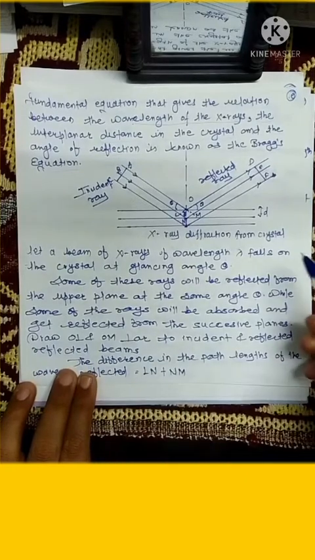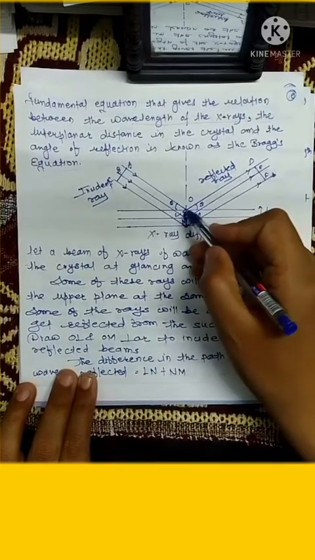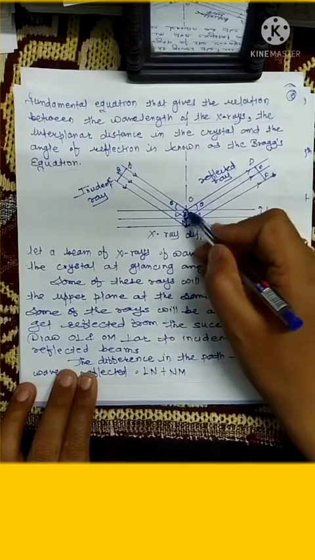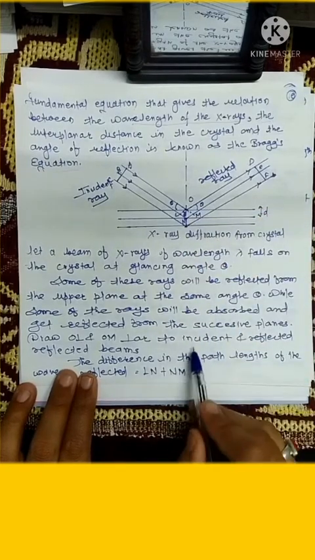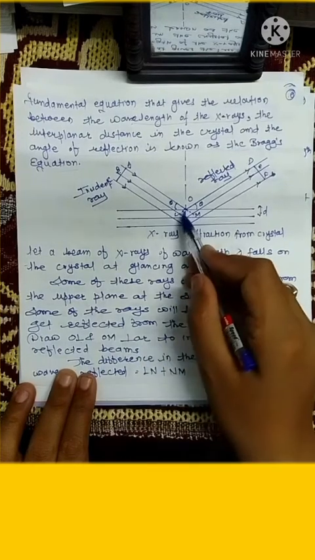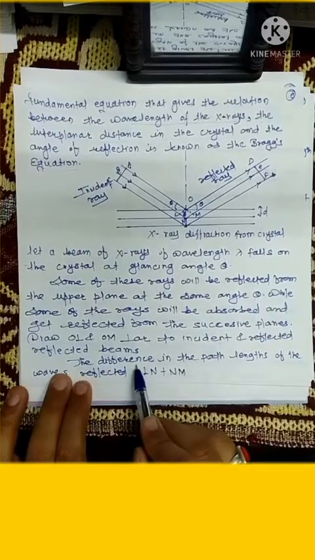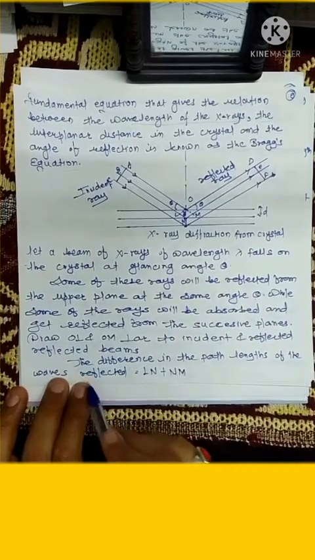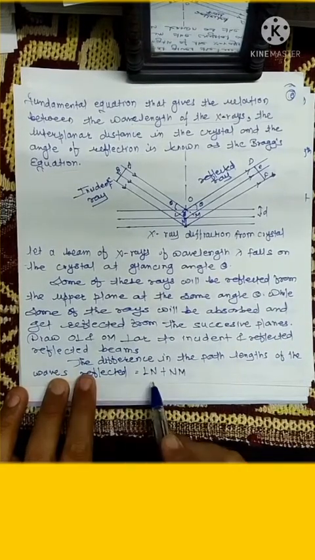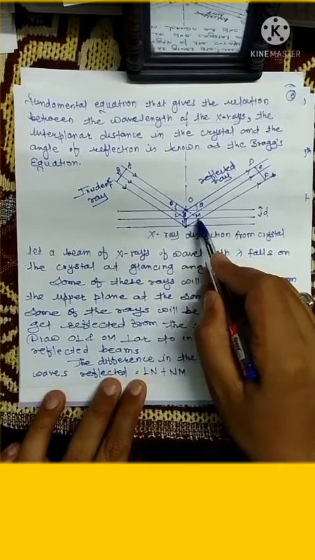Let us draw OL and OM. This is OL and this is OM, which are perpendicular to the incident and reflected beam. So they make an angle of 90 degrees.